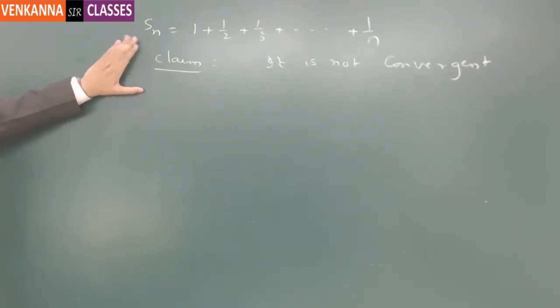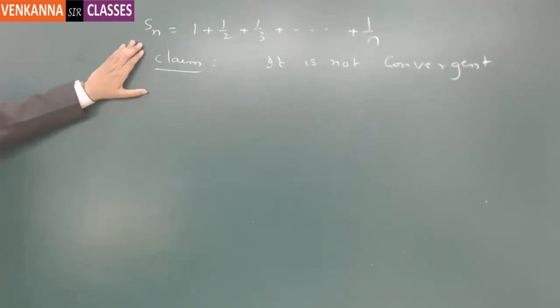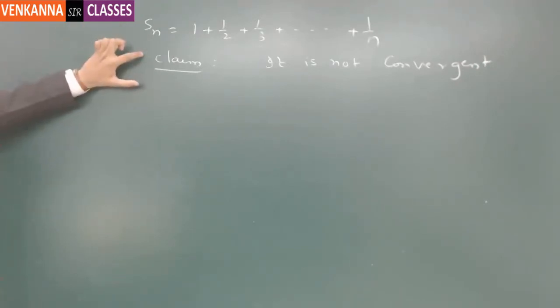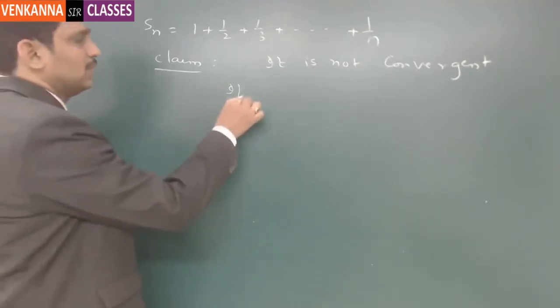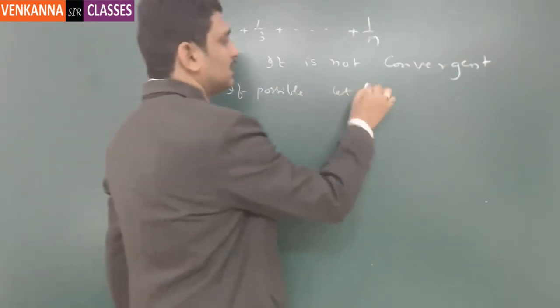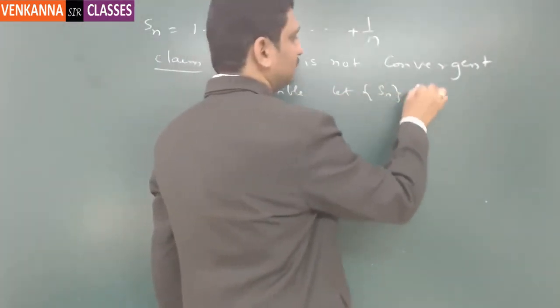Now, to prove this problem, you have the technique of the sandwich theorem, etc. I am not at all using that technique. Since the task is to show it is not convergent, I am saying that if possible, let Sn be convergent.